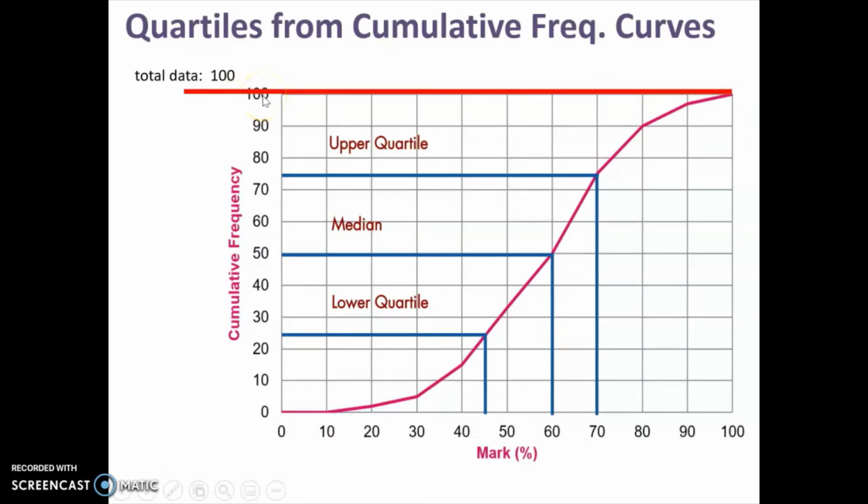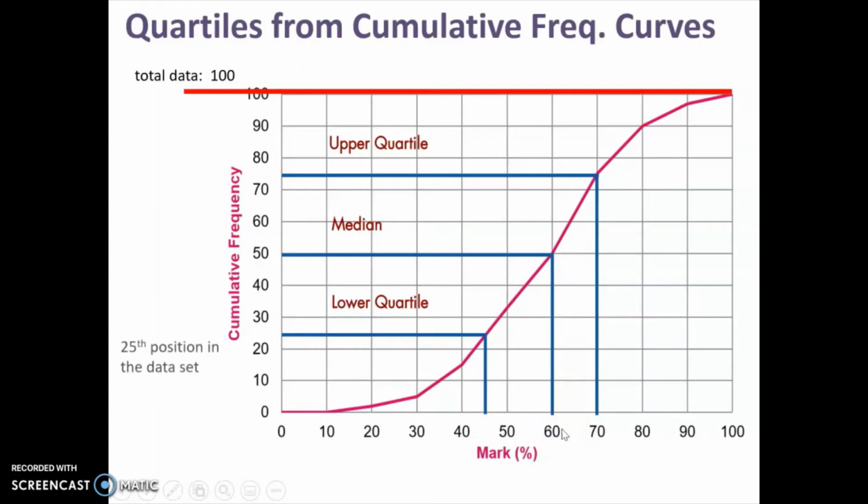So that means data point number 50, halfway through 100, would be our median value. See how there's a line here at 50, and it tells us in this data set our median value is 60. Because here's data point number 50, and here's the marks. I guess this shows marks earned on some kind of test.